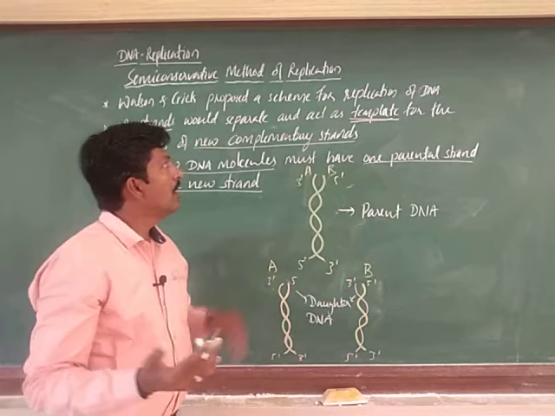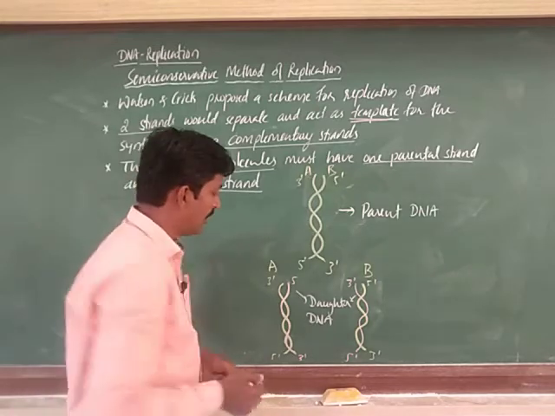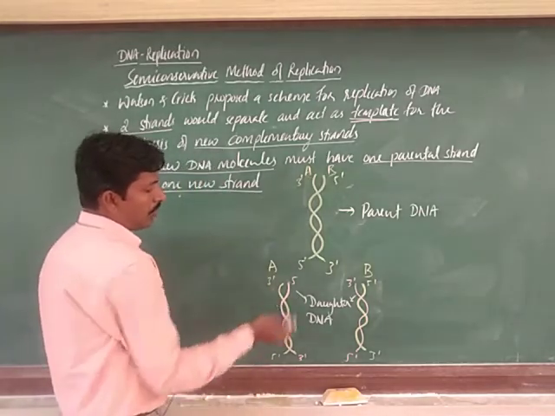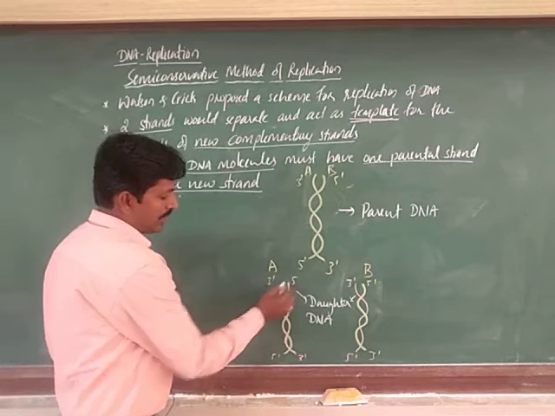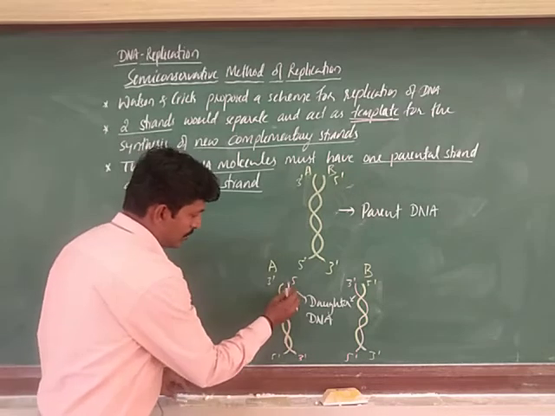The mechanism of DNA replication we will discuss in the next video. Here you can observe there is a newly synthesized strand, which I have shown in a different color.